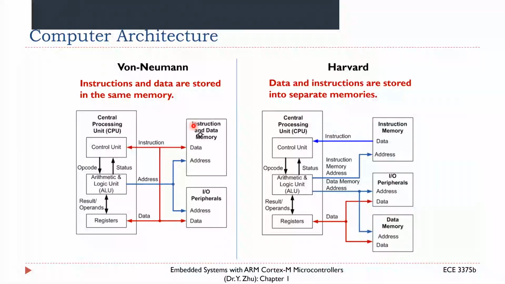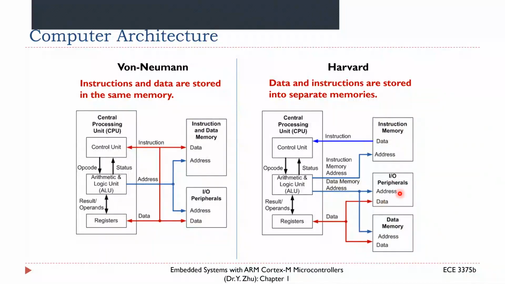And then when you come back to the Harvard architecture, you can see that the difference between these two is that we have separate memories. One would be instruction memory and the other would be the data memory. When we separate them, the address bus for the instruction memory would be different from the address bus for the data memory.